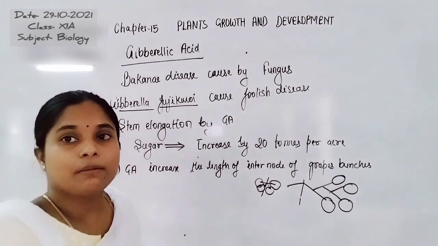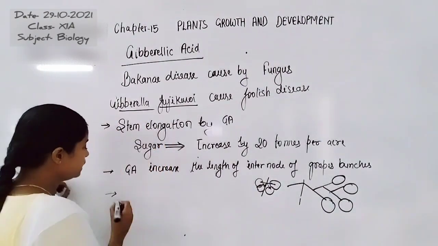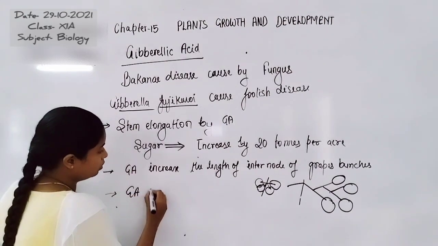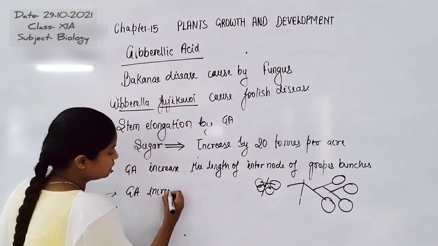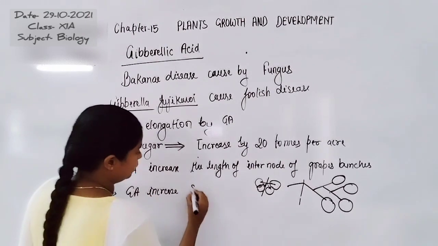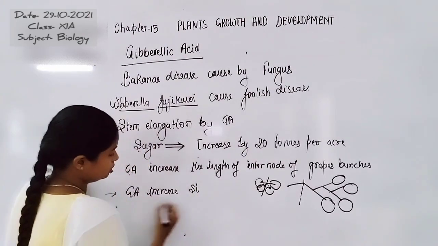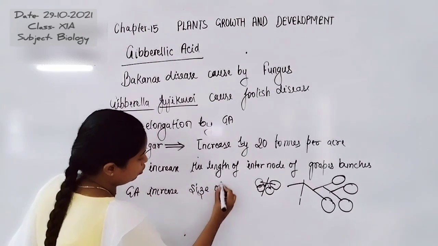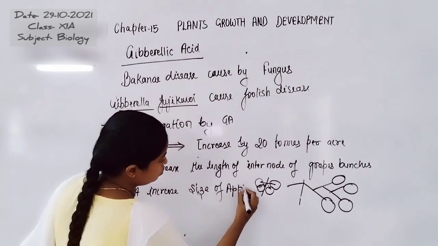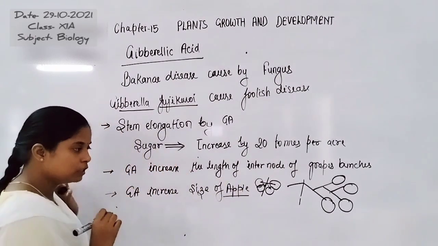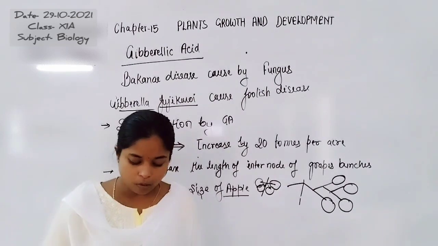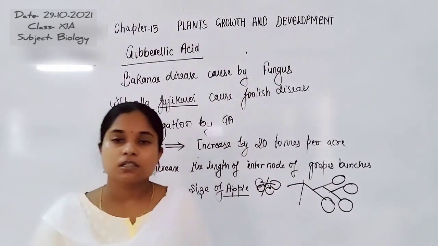After stem elongation, gibberellic acid is also used to increase the size of apple. It is also used in apple because apples also grow in bunches.